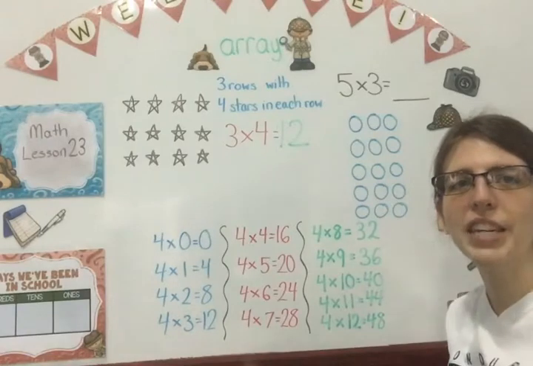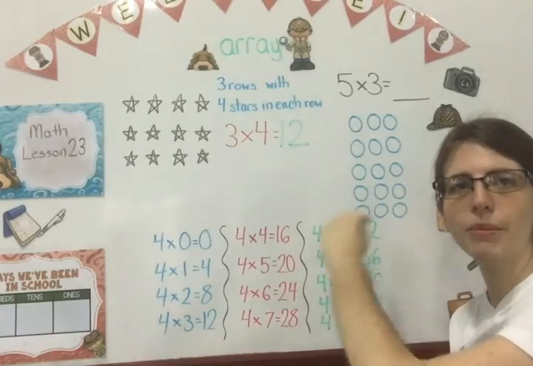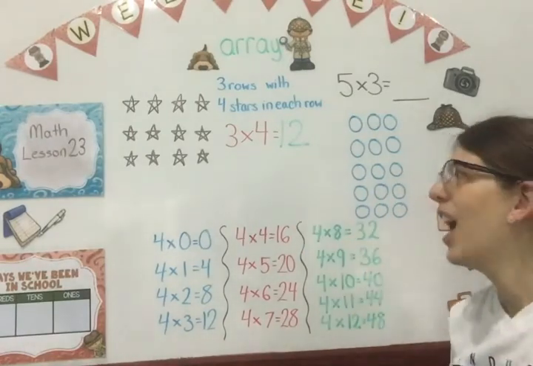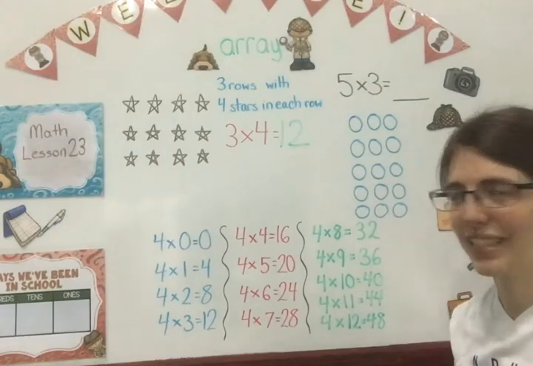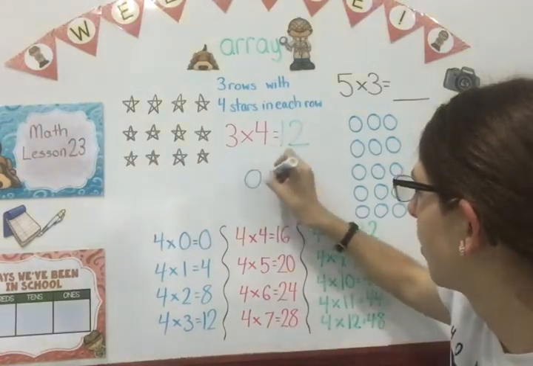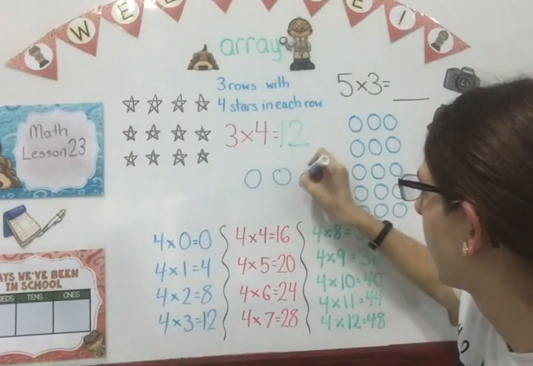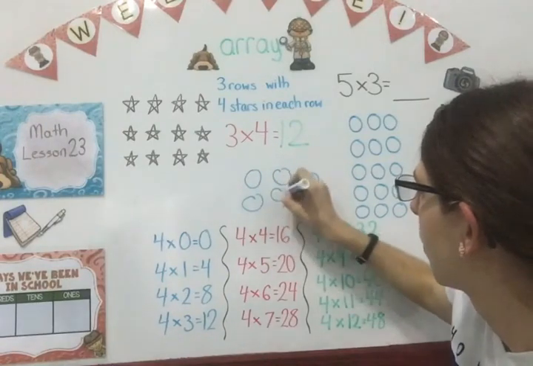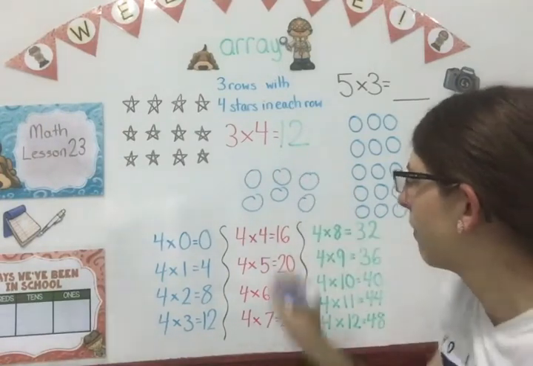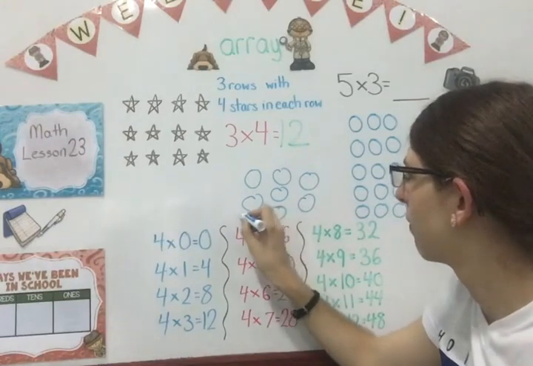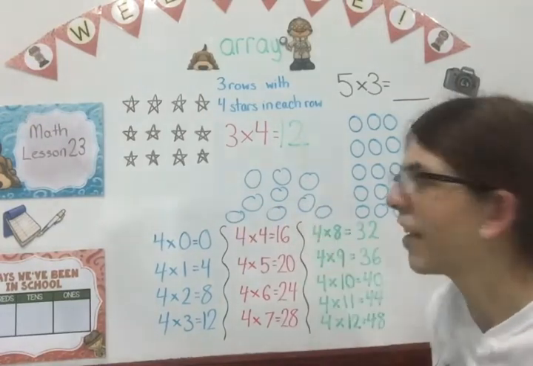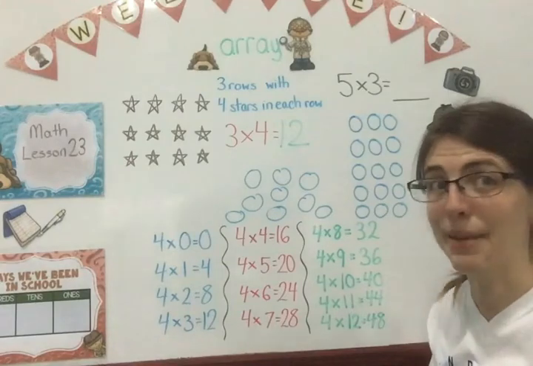Okay, make sure that you keep your rows and your columns as neat as possible. You shouldn't draw an array like this. That's not an array, it's a mess, okay?